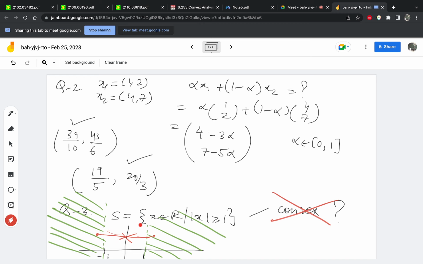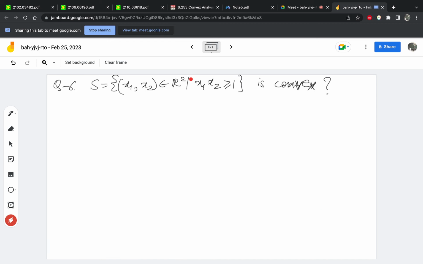A similar thing is happening here. Instead of a wall like this, I have a wall like this, so these are disconnected sets basically. One is going like this, another like this. So if I pick any point here and here, I can again breach the wall.